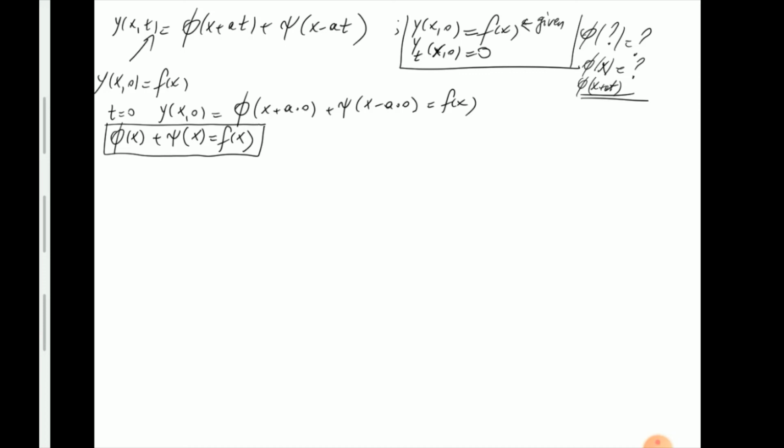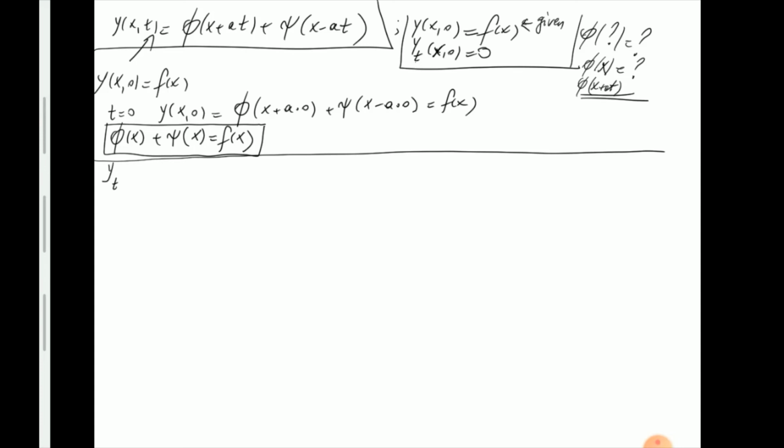Okay, how do I impose the second initial condition? Well, I need to take partial t first, so look carefully here. We do partial t in the solution, and then we plug in t equals 0. So partial t of y(x, t). Now we use the chain rule. Remember, phi and psi are functions of a single variable, so it makes sense to use the prime notation.